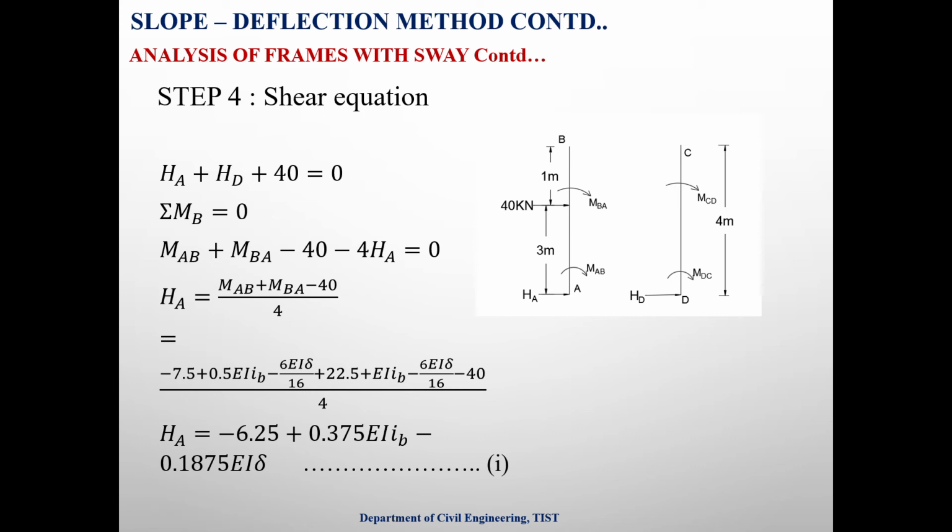After considering the free body diagram of columns, take the moment about the top joint, that means sigma MB is equal to 0. When you consider sigma MB is equal to 0, what will you get? MBA plus MAB minus HA into 4 minus 40 into 1 is equal to 0. This is the equation for HA. When you consider the free body diagram of CD and take the moment about C, MCD plus MDC minus HD into 4 is equal to 0.